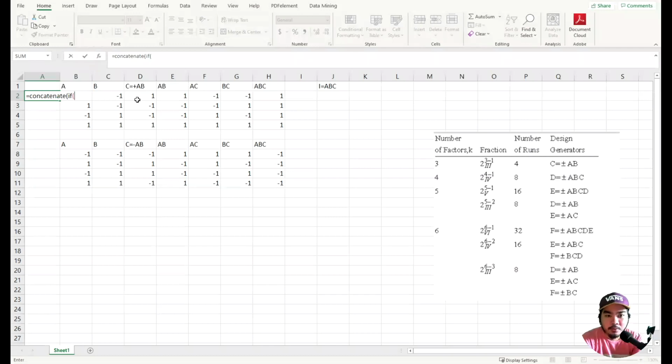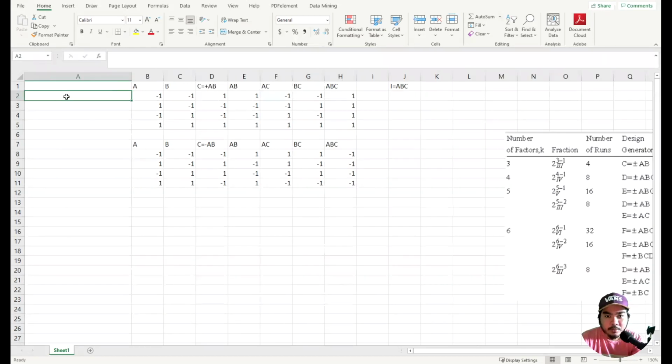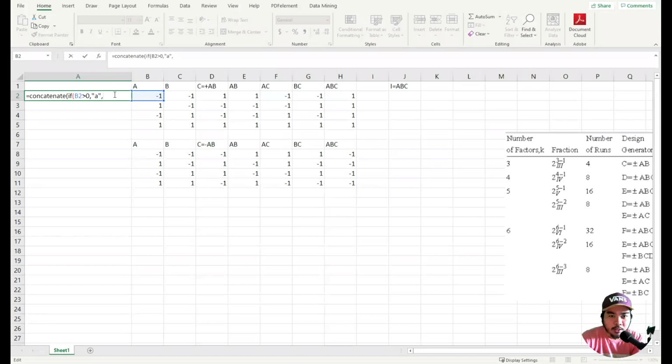Tapos, if ito is positive, greater than 0, then we type in A. If not greater than 0 siya, then we just type in a blank.